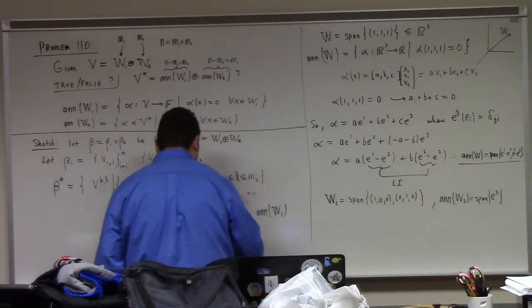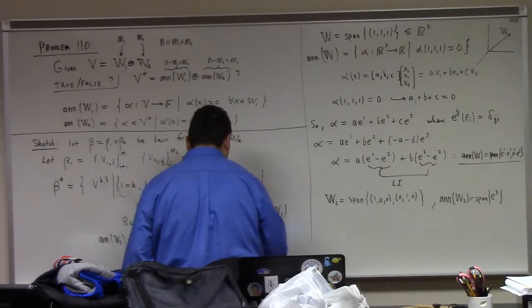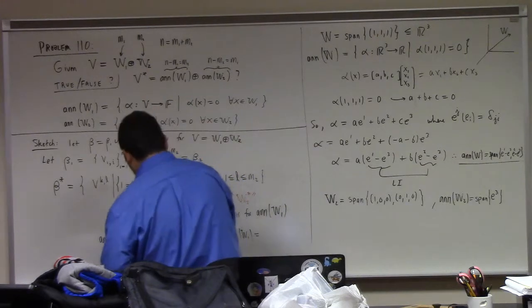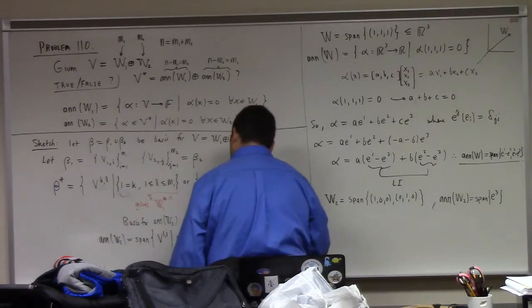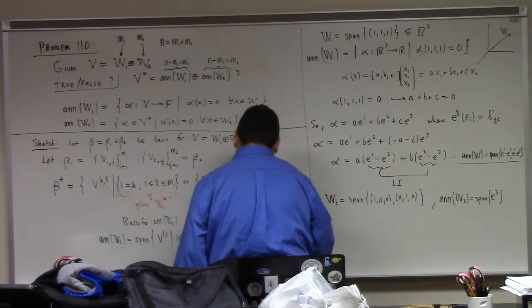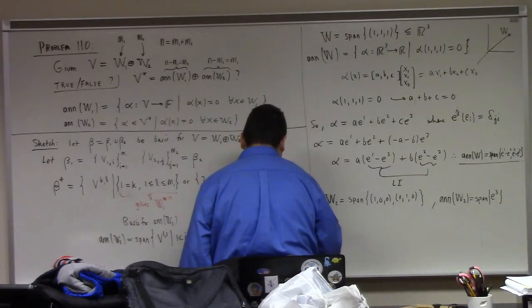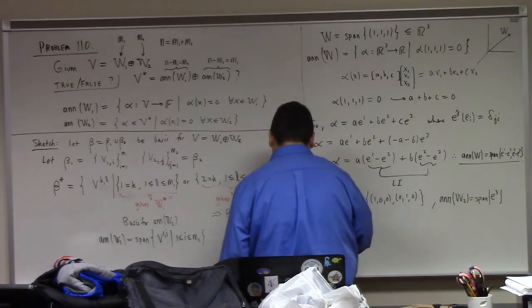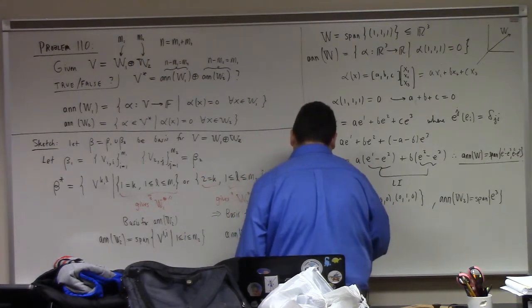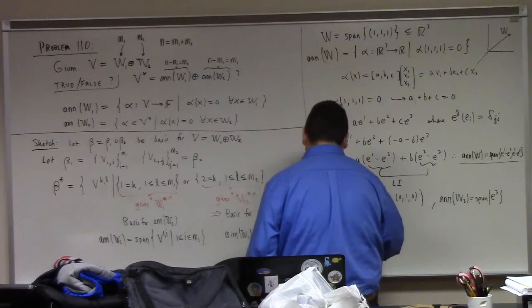And you can show that the annihilator for W1 is that, and that's supposed to be V upper, I'm sorry guys, V1 upper I. And over here, the span of V2 upper J, such that 1 is less than or equal to J, less than or equal to M1.